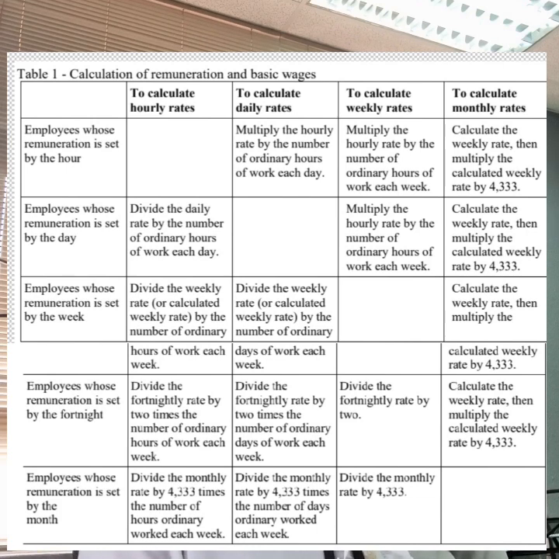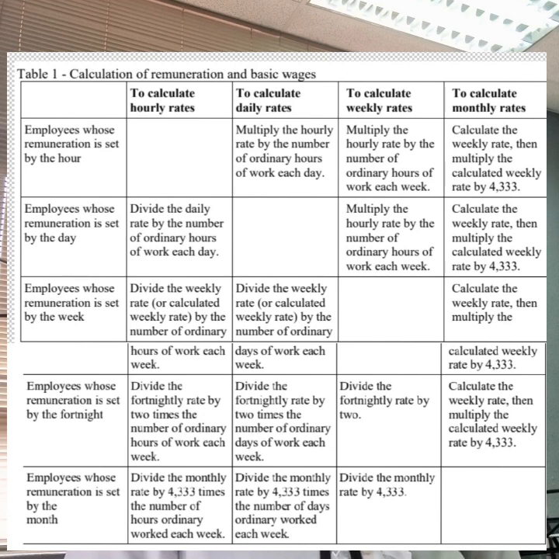Now, for employees whose remuneration is set by the month, to get the hourly rate, divide the monthly rate by 4.333 times the number of hours ordinarily worked each week, and then to get the daily rate, divide the monthly rate by 4.333 times the number of days ordinarily worked each week.